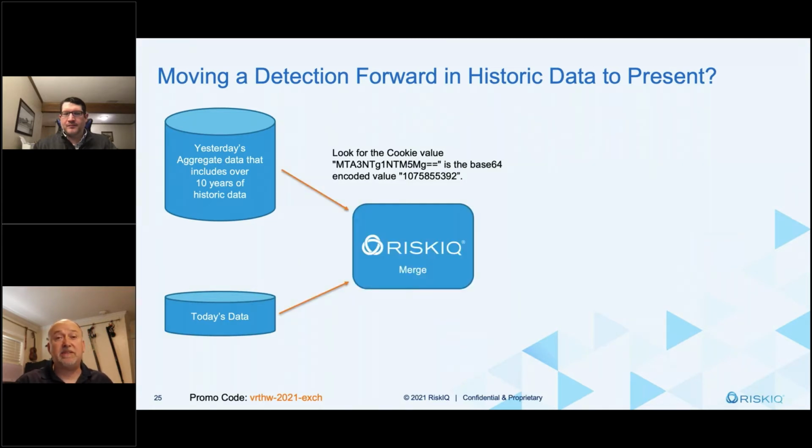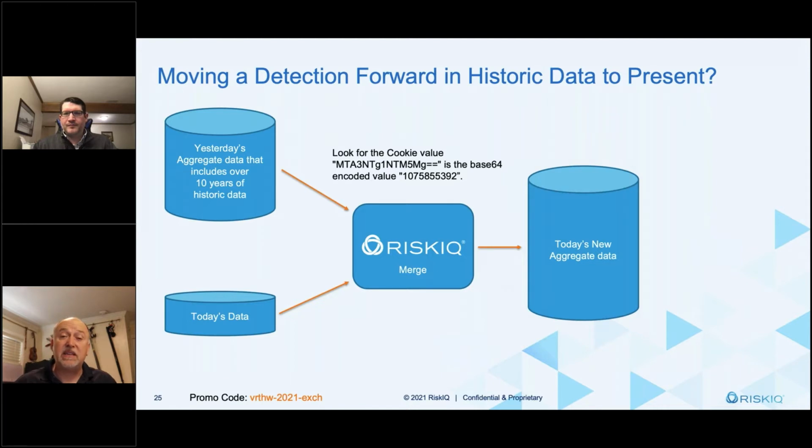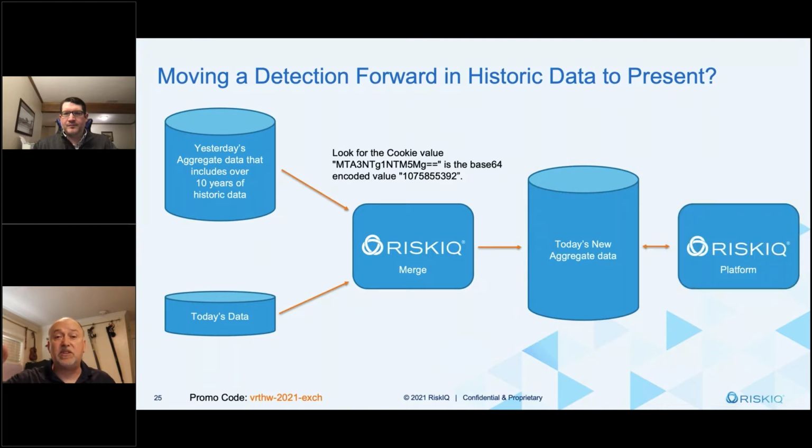And we do this a couple times a day. So when that happens, we can actually have that rule in place that merges it, and all that data now goes through again, and we check it again. And so then that becomes the new aggregate that everybody uses. And then that's what the platforms use to give you that data. So that's how we can go back and link things together that we didn't know about every single day.